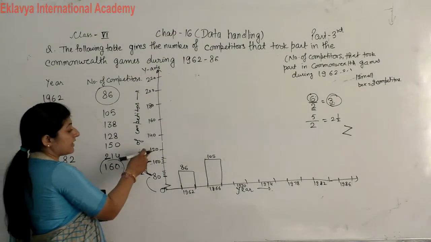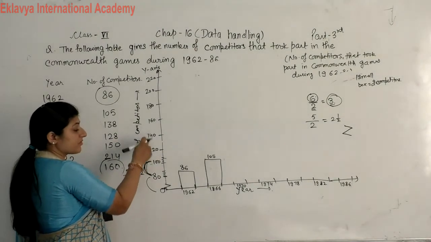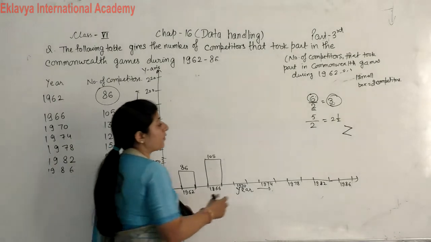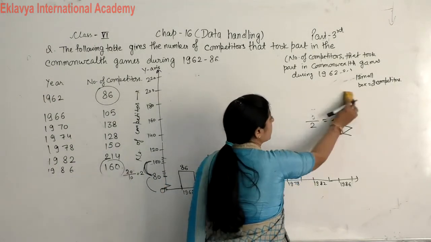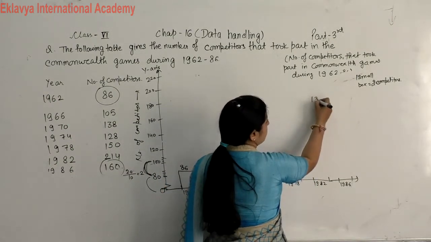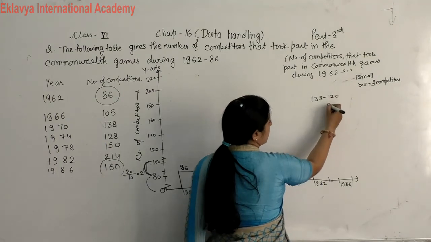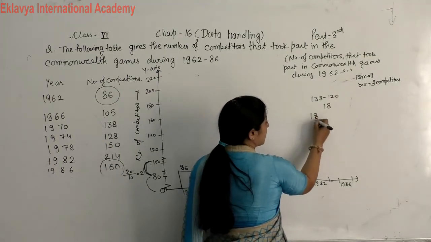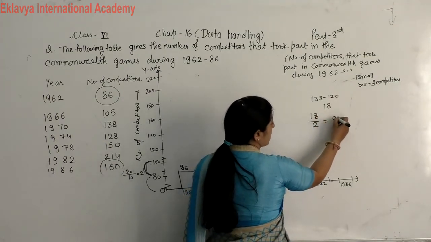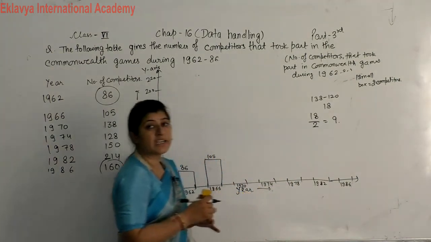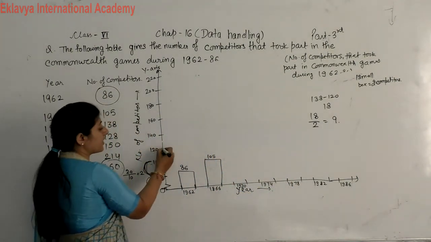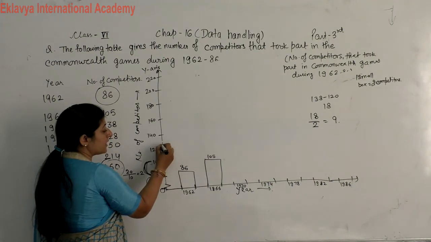138. Here is 120. After 120, 138 minus 120 becomes 18. Each part shows 2. It means how many parts are required? 9. So after 120: 1, 2, 3, 4, 5, 6, 7, 8, 9.